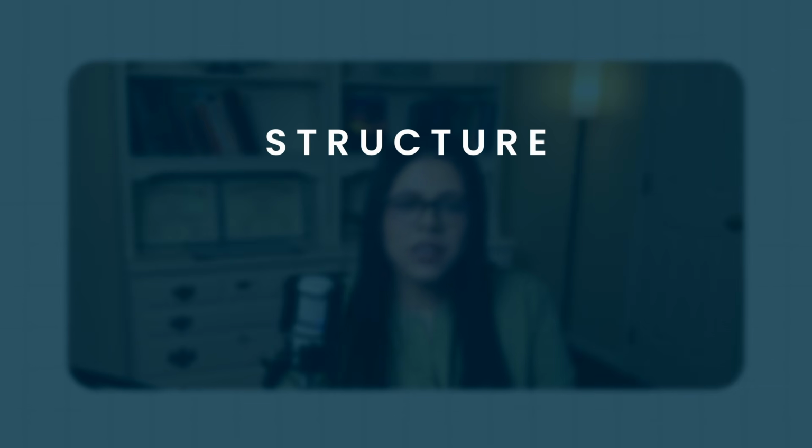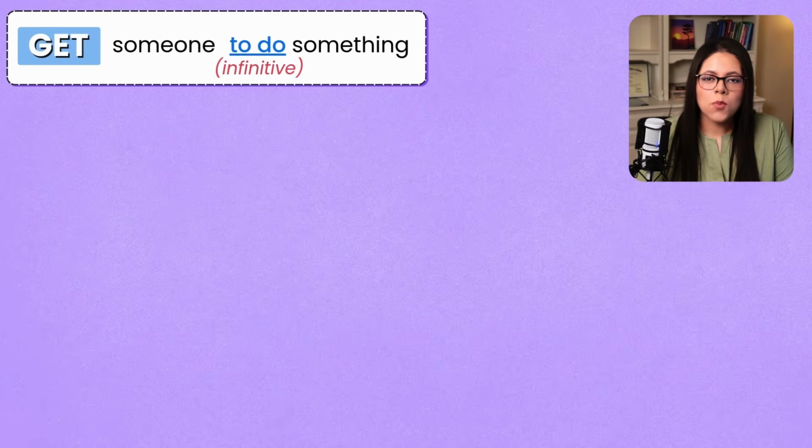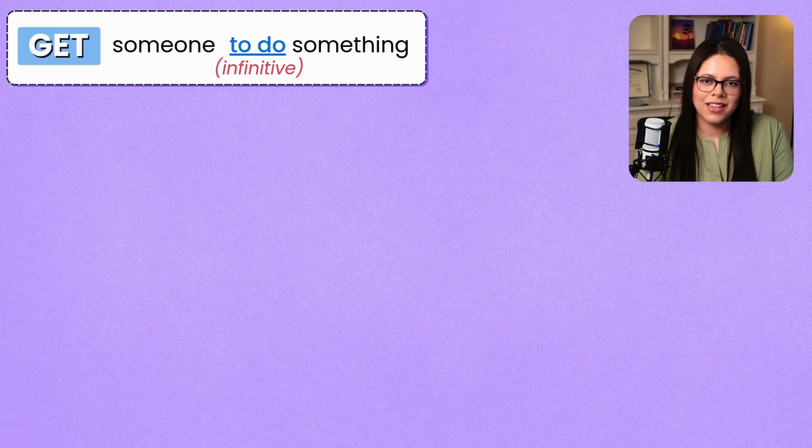Our next causative verb is get. This looks similar to have, but there are some key differences in the structure, the formality, and the feeling. You have someone do something with the base verb, but you get someone to do something. So yes, this time we need the infinitive with to.